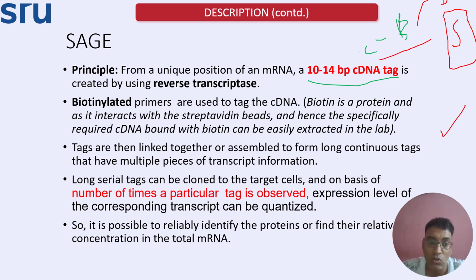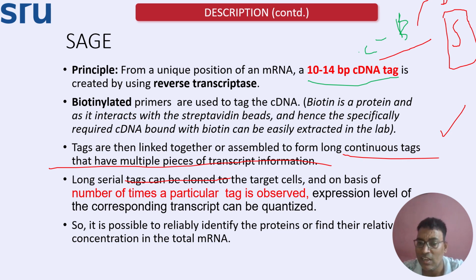So tags are then linked together, assembled together to form continuous tags that have multiple pieces of transcript information. They are connected together. Then these long tags are cloned into the target cells, and on the basis of the number of times a particular tag is observed, the expression level of the corresponding transcript can be quantified.